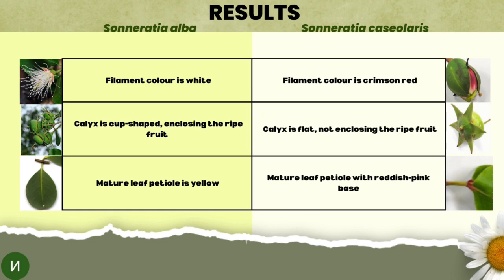The calyx is cup-shaped, enclosing the ripe fruit, for S. alba, and the calyx is flat, not enclosing the ripe fruit, for Sonneratia caseolaris. For the leaf petiole, Sonneratia alba has a yellow color for the mature leaf petiole, but Sonneratia caseolaris has a reddish pink base color.